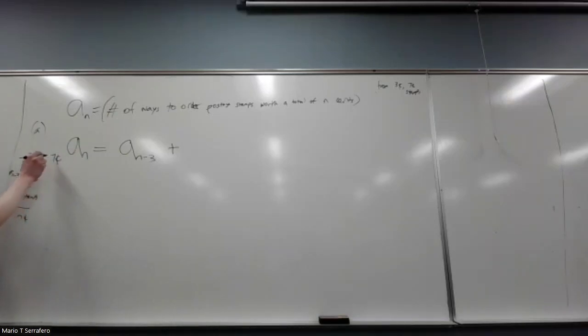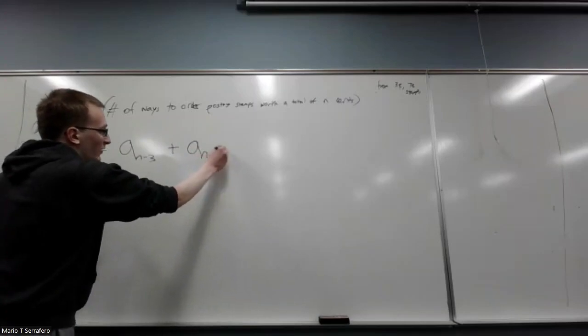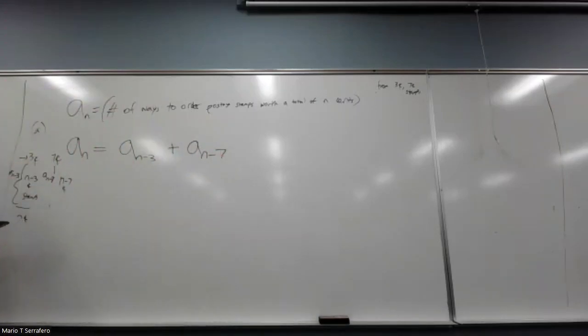So if we start with 7 cents, we need to fill in the rest of the sequence to be worth n minus 7 cents, and there are a sub n minus 7 ways to complete the sequence. There are that many unique sequences of n minus 7 cents of stamps, because that's how we define a sub n.